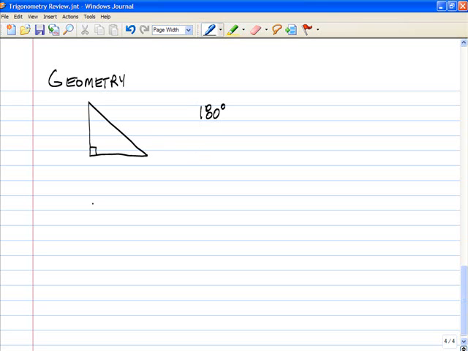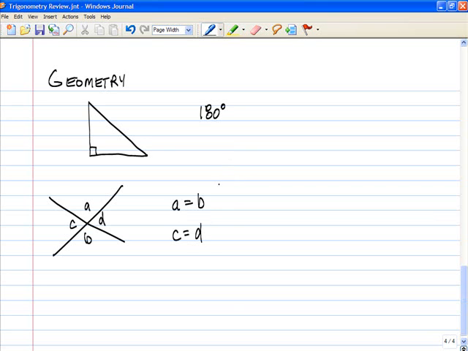We also have a rule that says that if two lines intersect, if we label them as such, that A equals B and C equals D. Okay, and that's good enough for that.